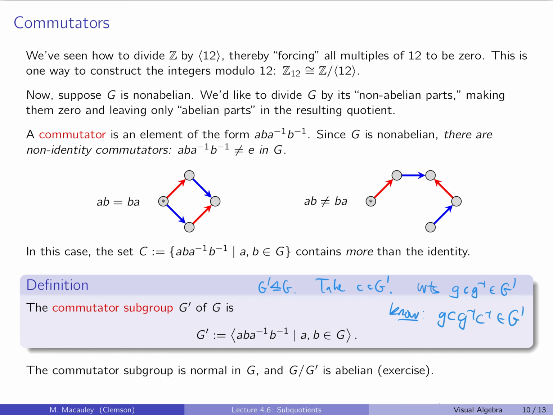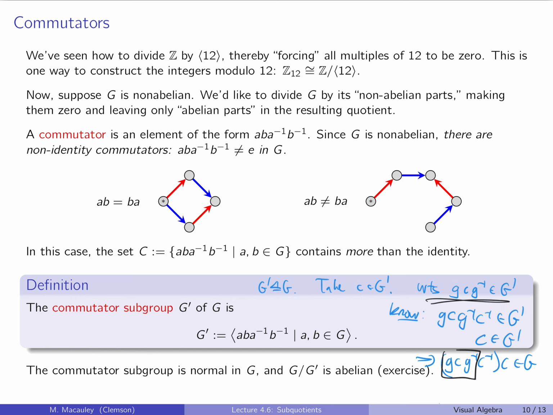And we know that this is closed. It's a subgroup, so it's closed under multiplication. So if we multiply this element times c, so we know this is in here and c is in here, then g c g inverse c inverse times c is in there as well. And that's what we wanted to show was in G prime. So that's why it's normal.